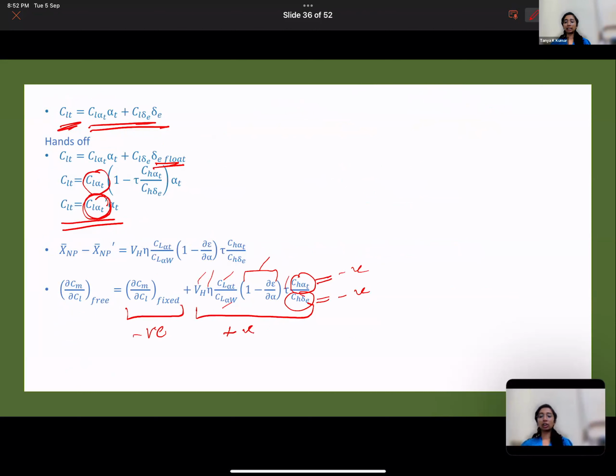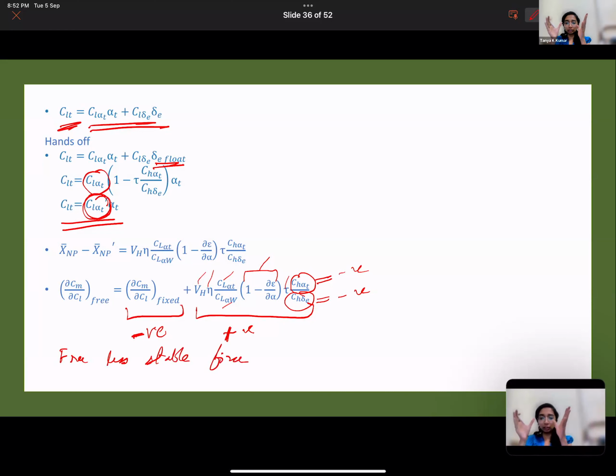So we saw that for dCM upon dCL, the more negative it is, the more stable. Now your negative value is being reduced. It's becoming less negative. So what it means is that the stick free case is less stable than the stick fixed case, right?